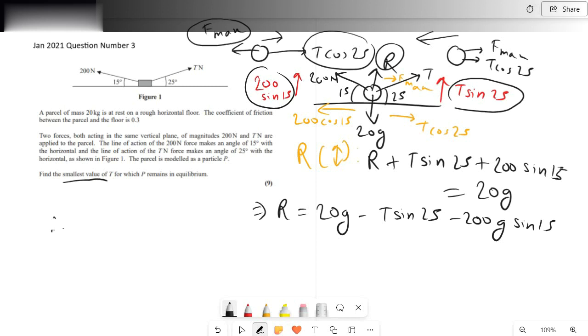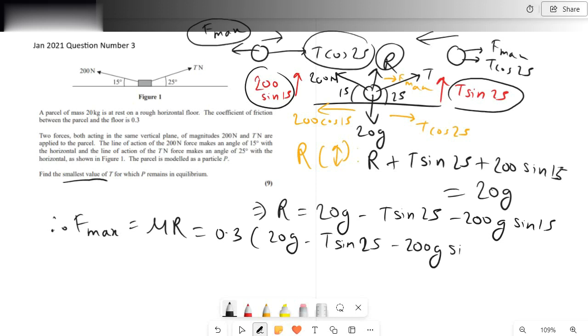Now we can say that the maximum value of friction F max is going to be mu R, and in this case it's going to be 0.3 times R, which is 20g minus t sine 25 minus 200g sine 15. So we can break it down and find 6g minus 0.3 t sine 25 minus 60g sine 15.